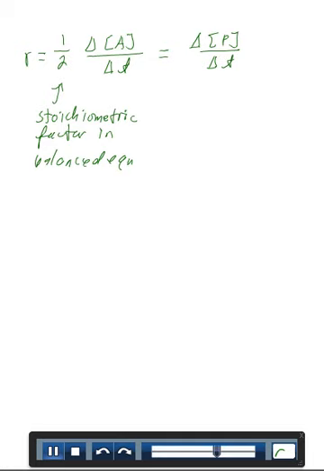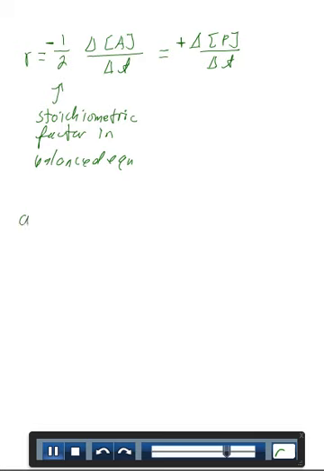Therefore, the rate is going to be negative with respect to A, but since product is appearing, delta P will be positive, so the rate will be positive with respect to P. We want to have the rate be the same sign, and so we'll use a negative sign to make the rate positive if we're talking about a disappearance of a reactant, and we'll use a plus sign to show that the rate is positive when we're talking about the production of a product.